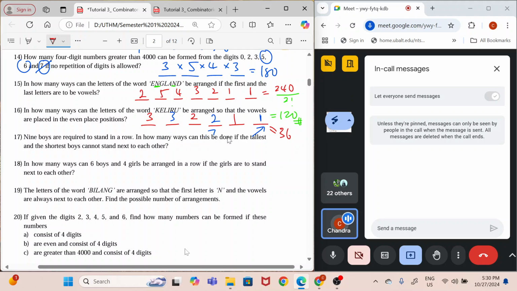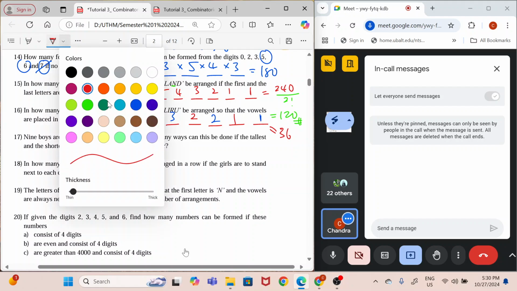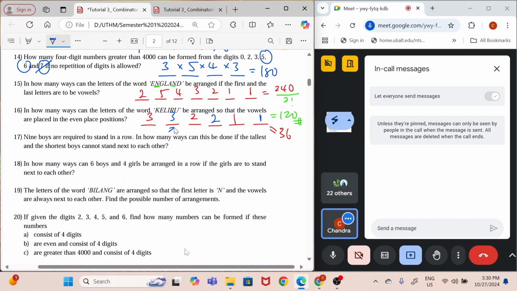Number 17 now. 17. 9 boys are required to stand in a row. In how many ways can this be done if the tallest and shortest cannot stand next to each other?